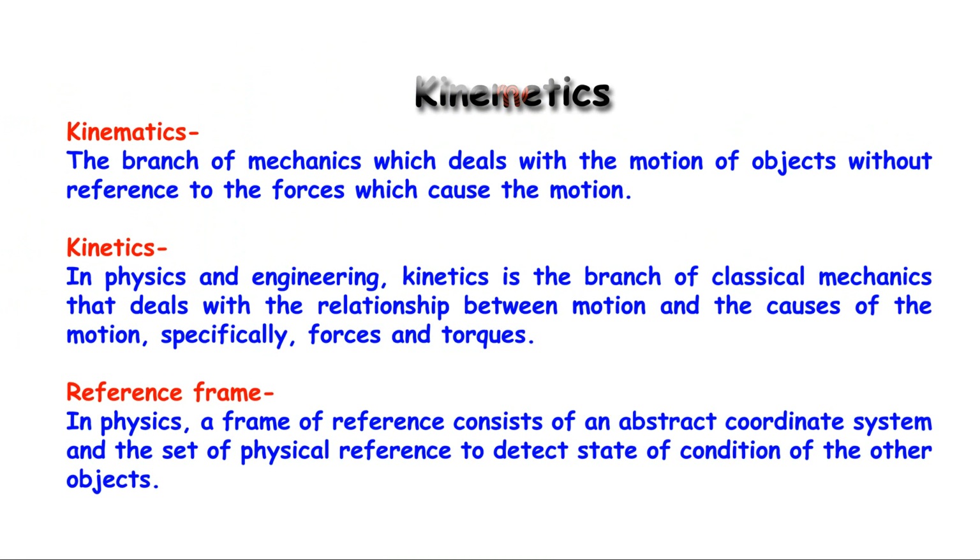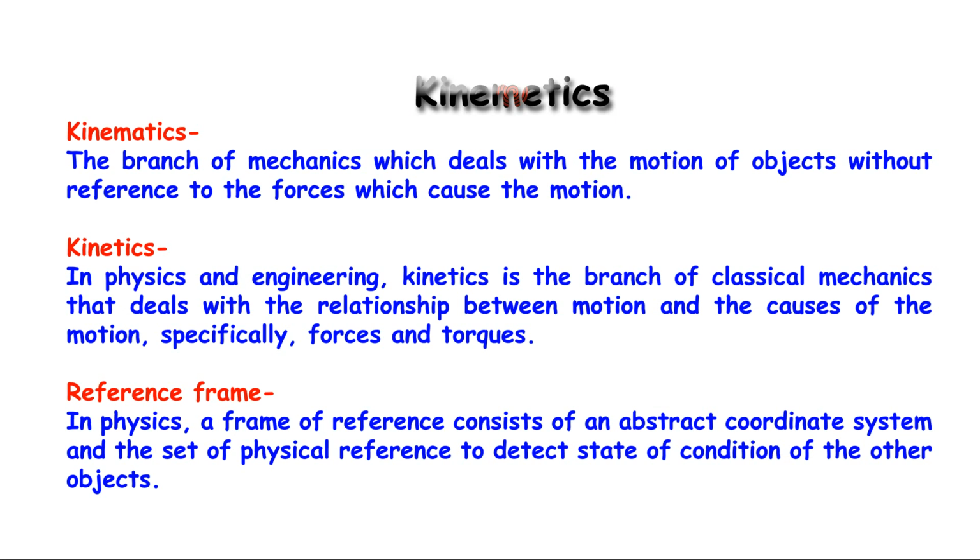Now, before we start the chapter, we would like to tell something about the reference frame. A reference frame is nothing but a Newtonian frame, which is an abstract coordinate system which detects the motion of other objects. Basically, with respect to time, the reference frame does not change its position and it is always fixed.